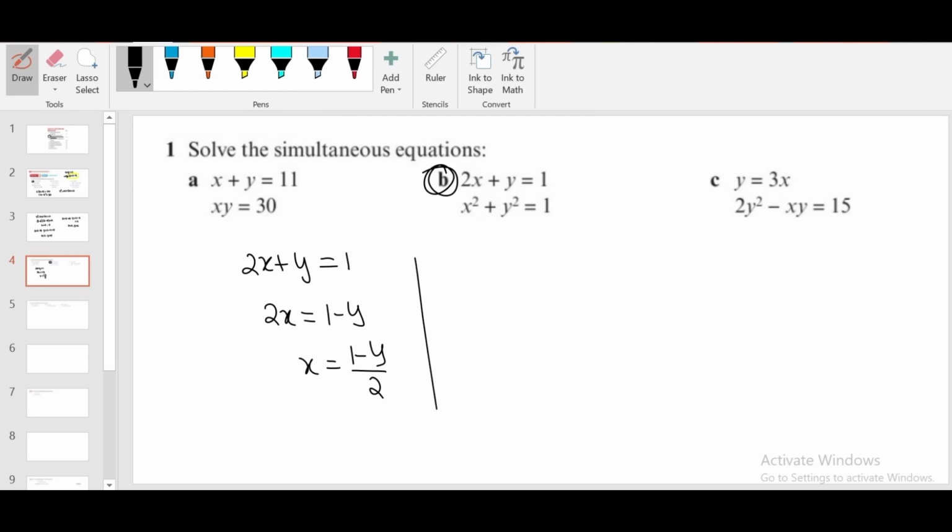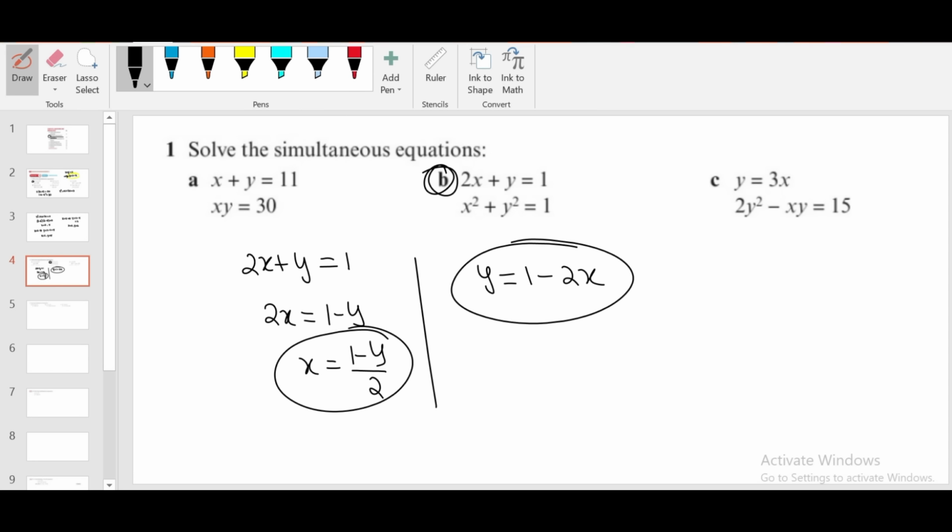Instead, let's say I make y the subject. So I'll get y is 1 minus 2x. You don't need to do both. I'm trying to explain something here. Now think about it. Which one is better, this or this? Anyway, we are going to sub in both here, either x or y. When you sub in this one, you are going to square it. So you will have ((1 minus y) by 2) whole squared plus y squared is equal to 1.